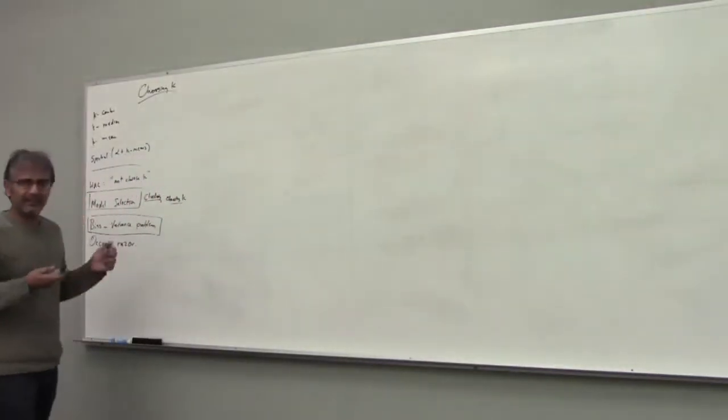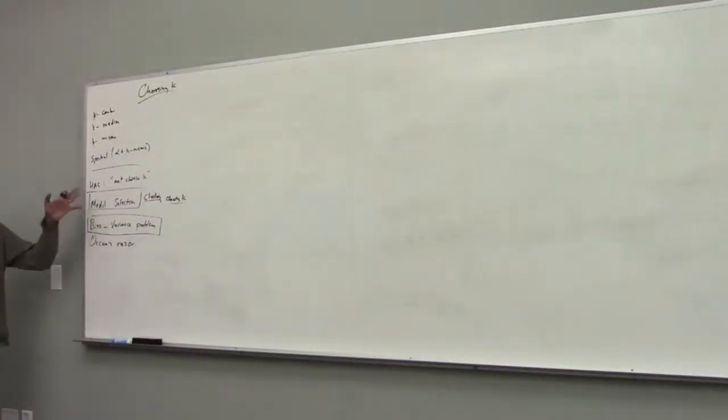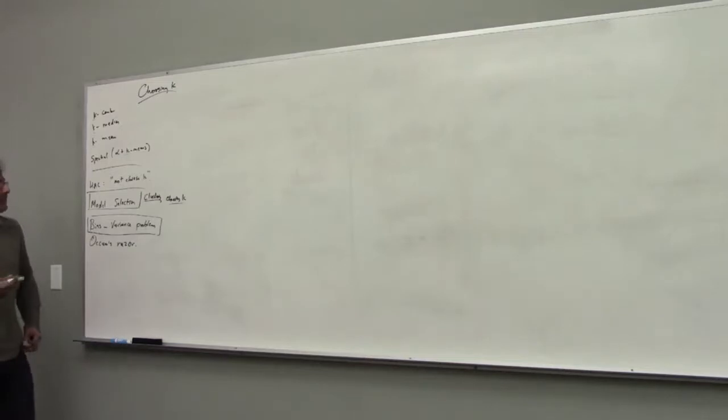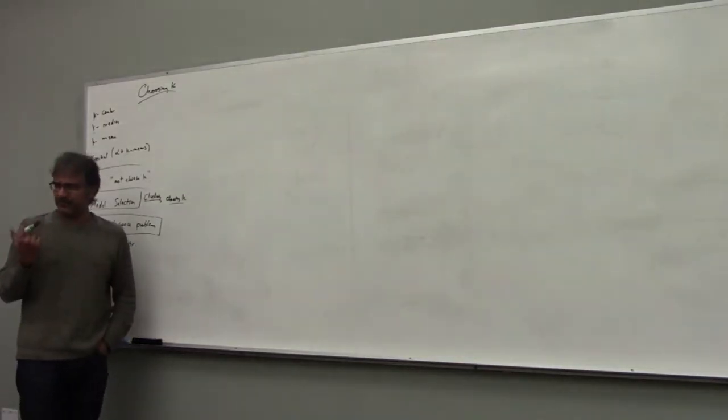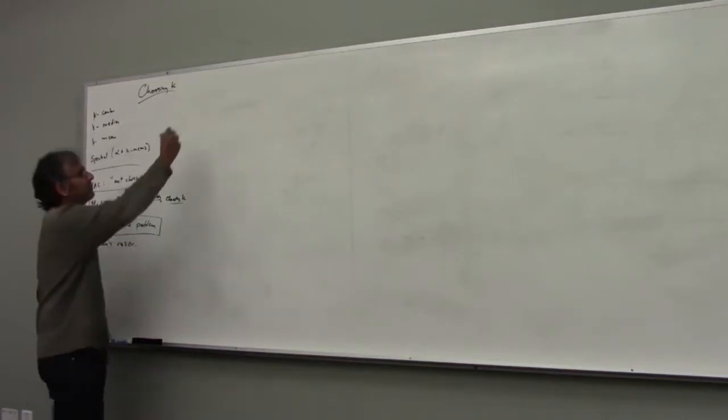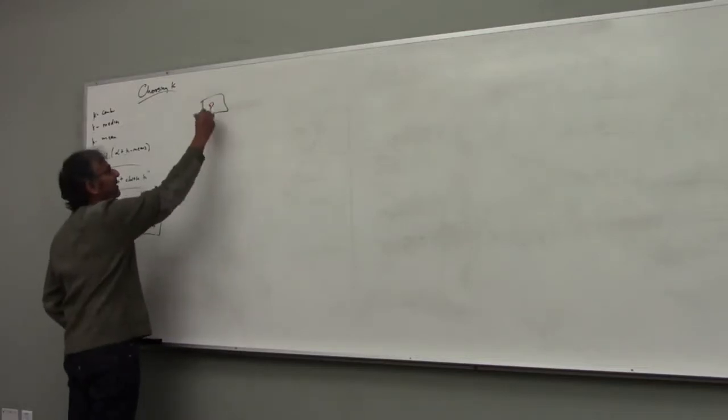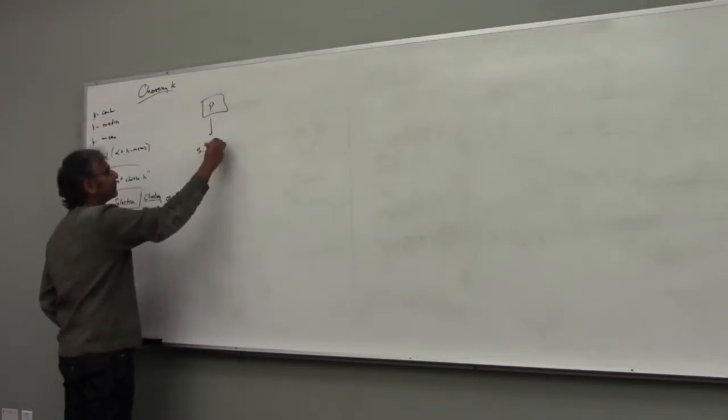So the way I like to think about the bias variance problem and maybe how it relates to model selection is in this following simple example. In any kind of learning problem, you have some data which is usually drawn from a population. So you have some population here, and you draw samples from it.